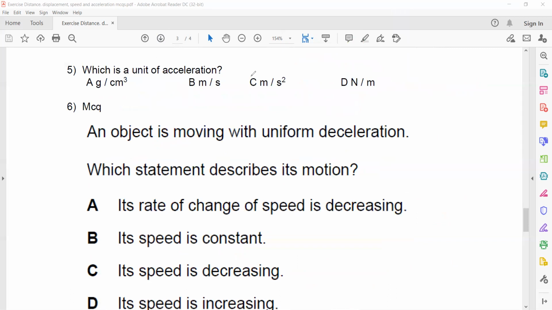What is the unit of acceleration? I will write all the quantities and what their units are. Gram per centimeter cube is a unit of density, but that you will learn later, not now. Meter per second is a unit for speed or velocity.